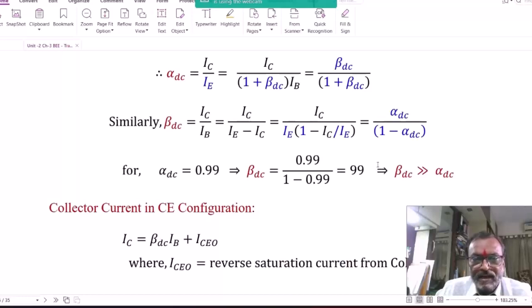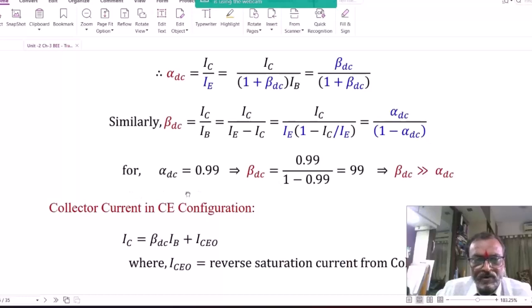Taking IE common from this equation, IE into bracket 1 minus IC upon IE. So in the bracket, the ratio IC by IE is nothing but alpha DC. And therefore, the denominator becomes 1 minus alpha DC. And here we will identify IC by IE as a ratio, that is alpha DC. So therefore, beta DC is equal to alpha DC upon 1 minus alpha DC.